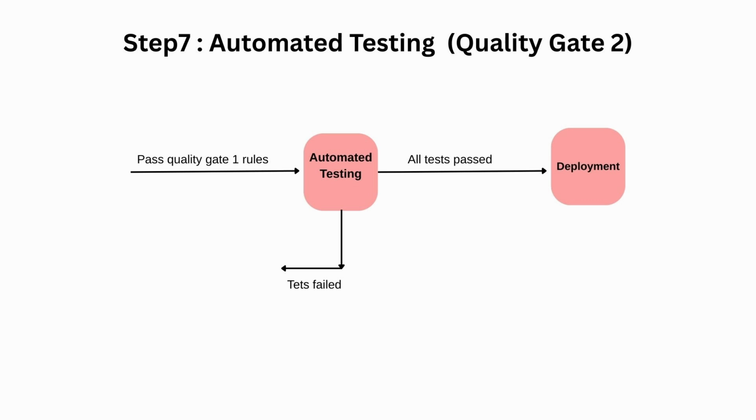The rule is strict. 100% of critical tests must pass. If even one fails, the pipeline halts until the issue is resolved. When all tests succeed, the team gains high confidence in the software's stability, knowing the foundation is solid before moving forward.